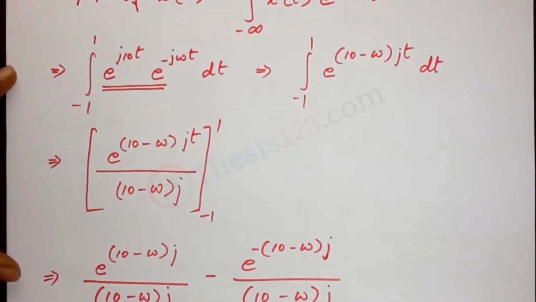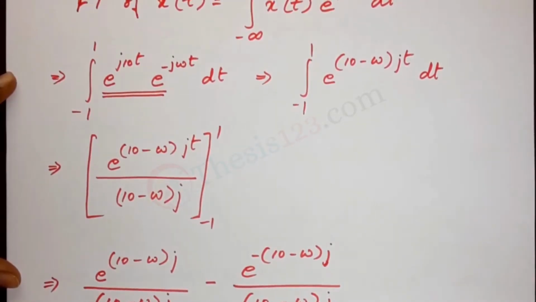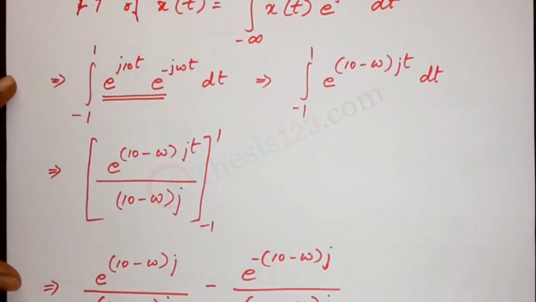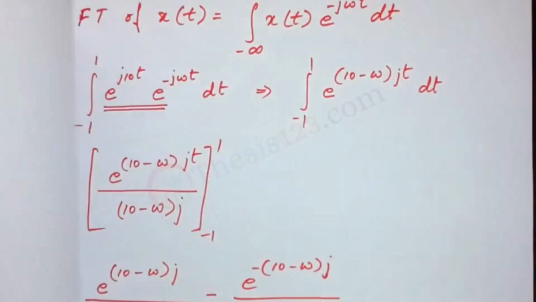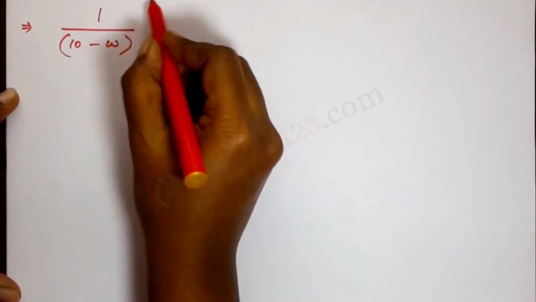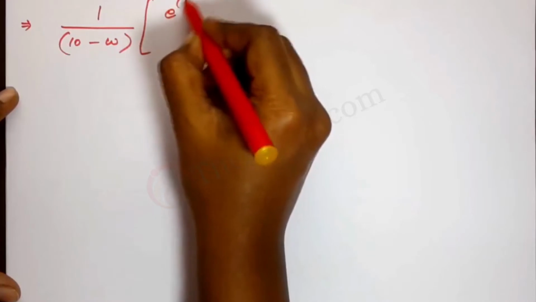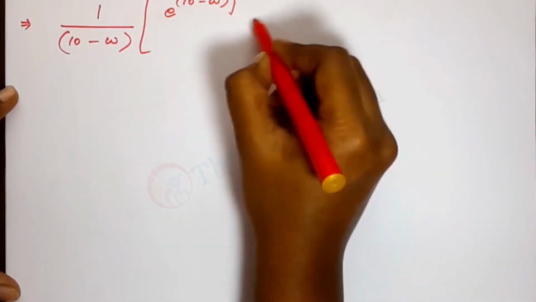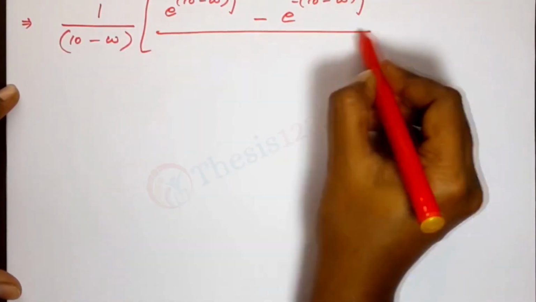Now, let's take the denominator 10 minus omega alone out as a common term. Let's leave j as it is in the denominator. So I can now write this as, alright, so please note 1 divided by 10 minus omega. I'm just taking that out as a common term. So we are left with e power 10 minus omega j minus e power minus 10 minus omega j divided by j.